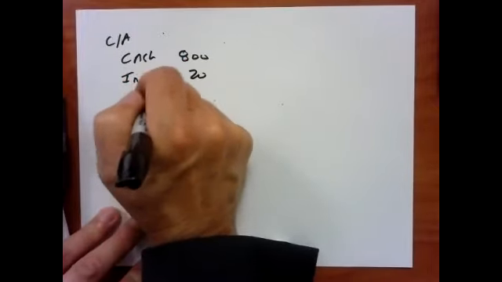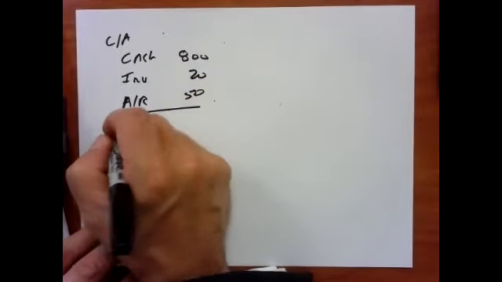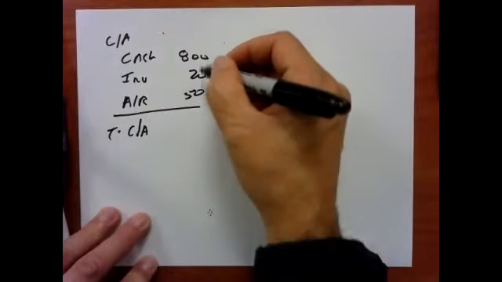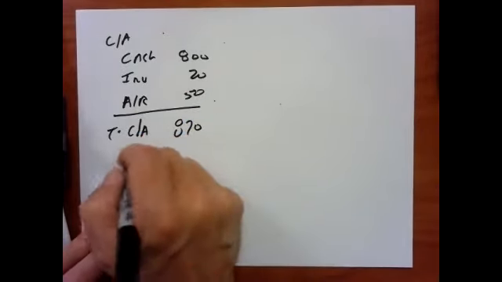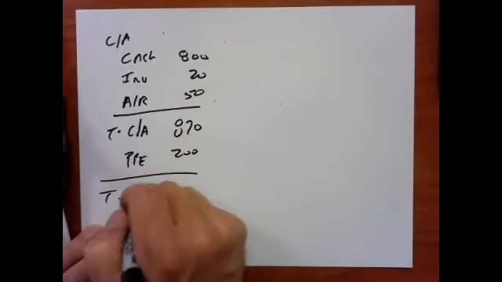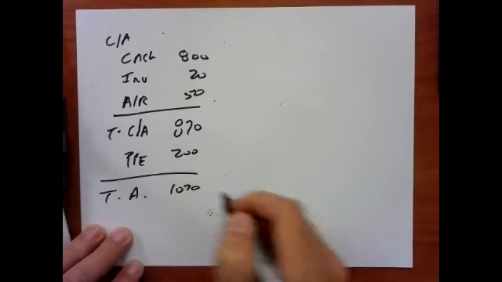We now have accounts receivable of 50 for total current assets of 800 plus 20 plus 50 or 870. We have our PPE of 200, so our total assets is 870 plus 200 or 1070.